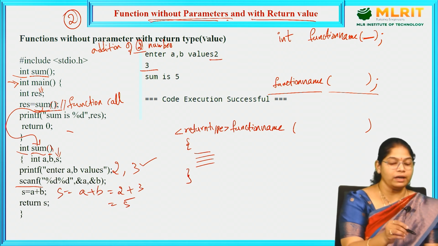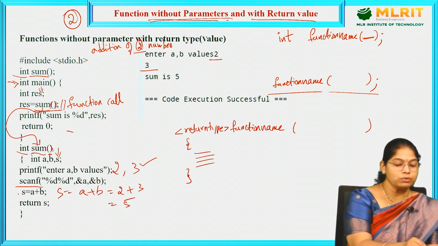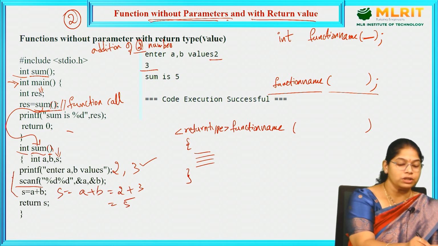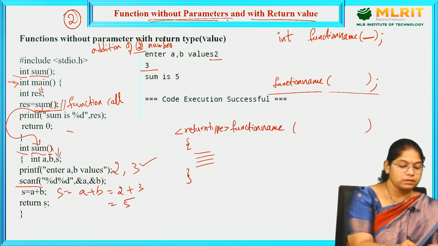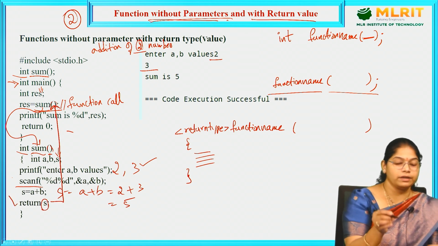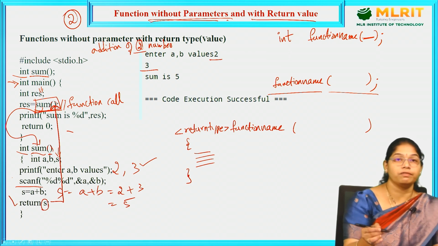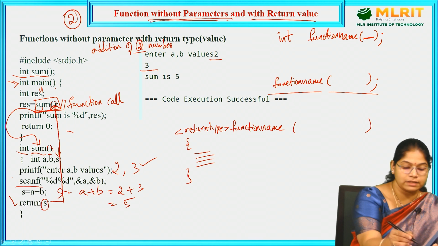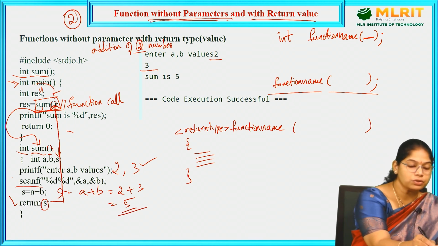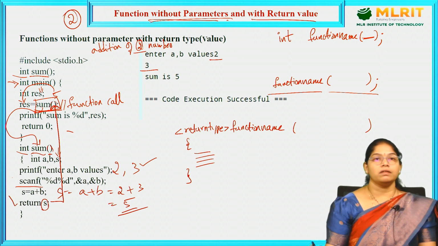Where does it have to return? It has to return to the function call. The value s is returned to the function call, so the value of the function call is s, where s is 5. This value is stored in the variable result.